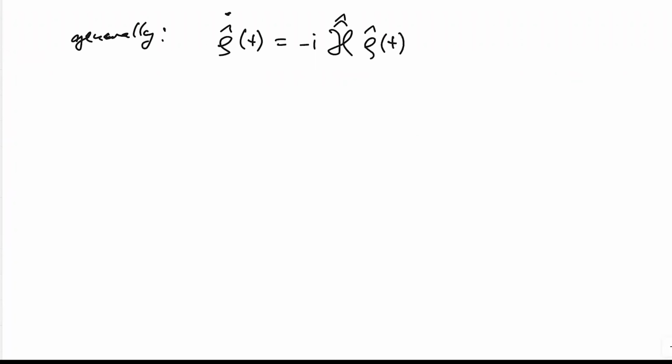And so if we have this ordering that is usually used, then we can write down maybe the general equation, and that is rho dot of t equals minus i Hamiltonian double hat times rho hat of t minus gamma superoperator of rho of t minus rho 0.